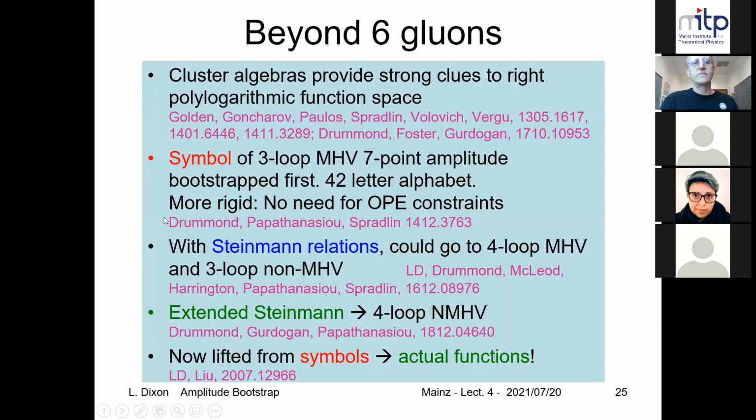So now in the few minutes left, I'll just give a quick mention of the situation beyond 6 gluons. The cluster algebras, which I haven't really gone into, have been used to provide strong clues as to what the right polylogarithmic function space is.